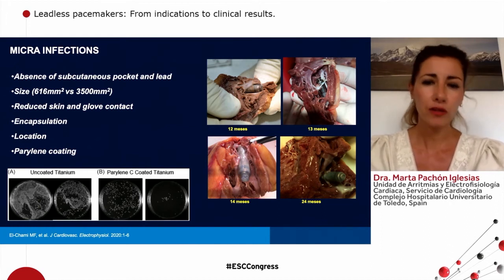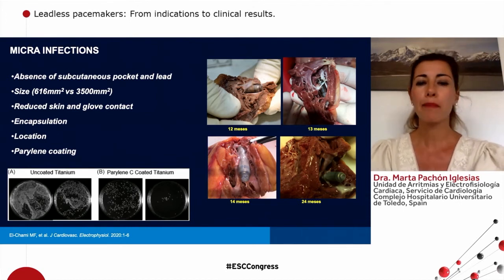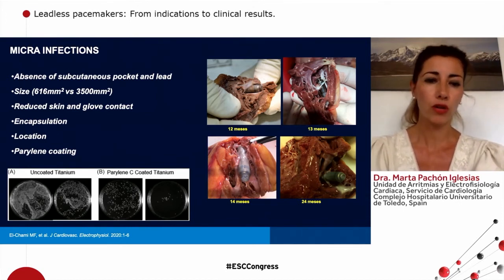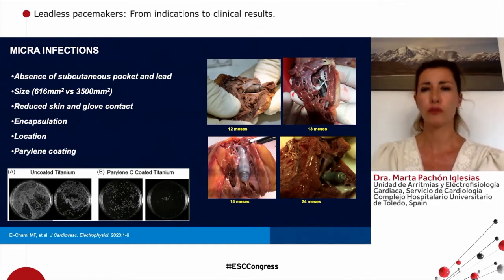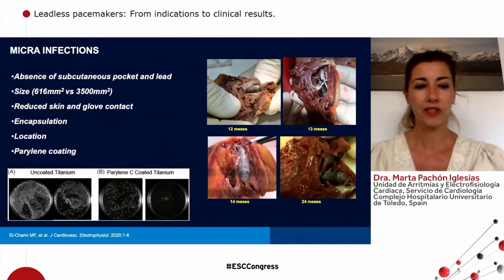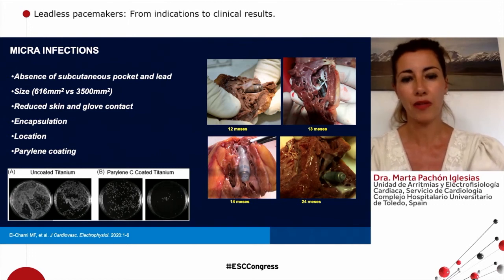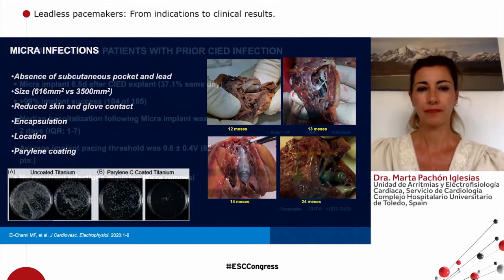They found that parylene coating significantly reduced the ability of bacteria to grow in colony count assays, suggesting that this could contribute to the reduction of bacterial infection of Micra transcatheter pacemakers.